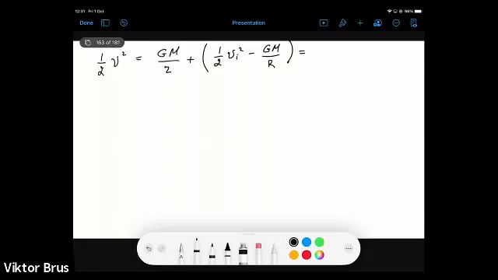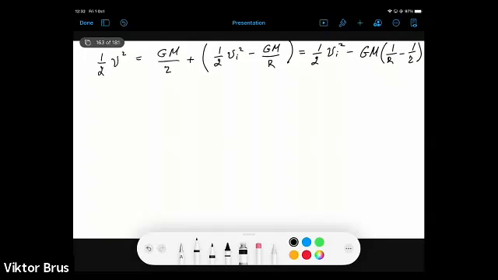And now we can rearrange all this in order to group the similar terms. So it will be 1 half of V initial square minus G times M, 1 over R minus 1 over small r.